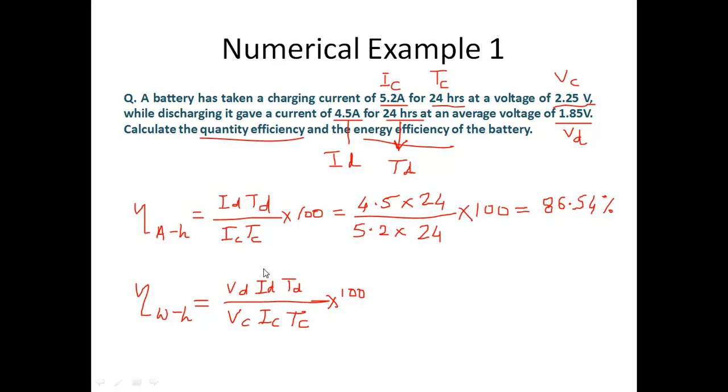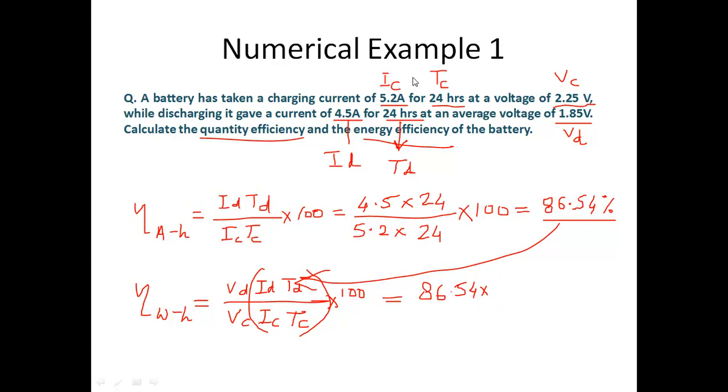Alternately, you can also use this formula. You have already calculated the value of ID TD by IC TC in the above expression. You can use this value here, into 100. So it comes out to be 86.54 into VD by VC.